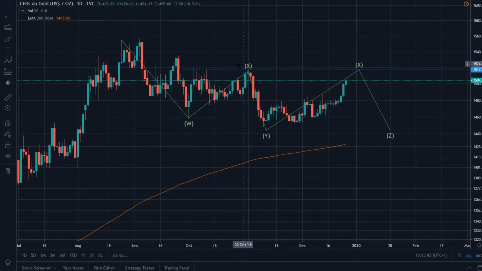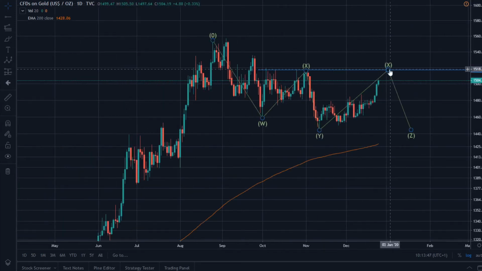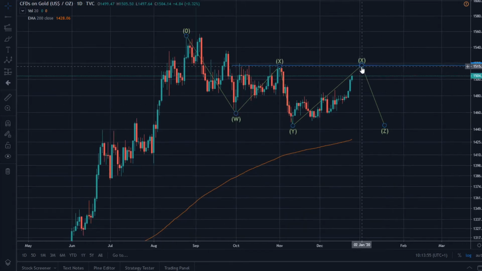So as long as gold stays below this $1,517 to $1,520 range, in my opinion, it's still correctional and in no way yet a bullish move.